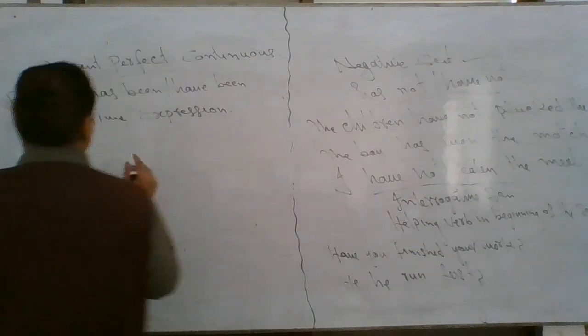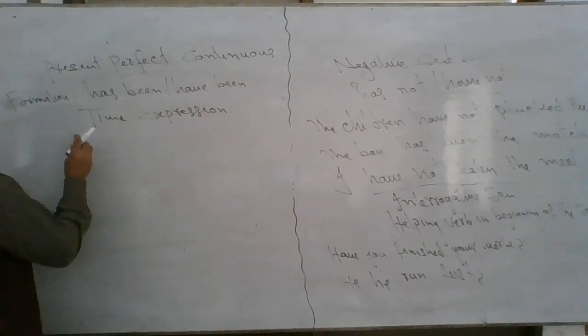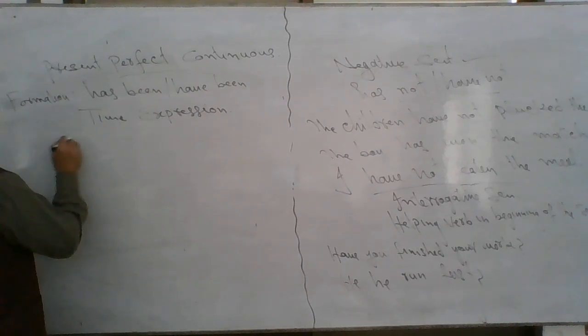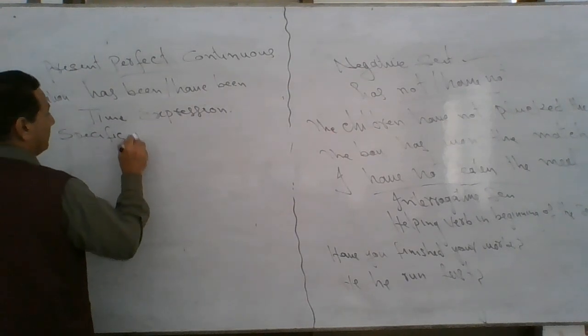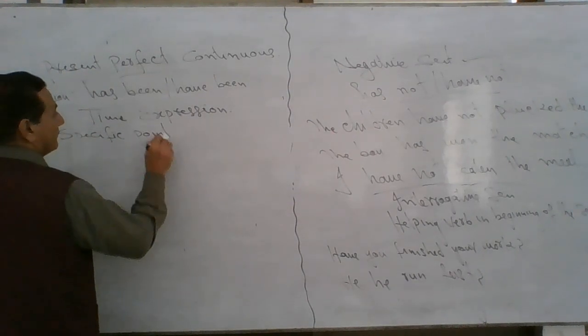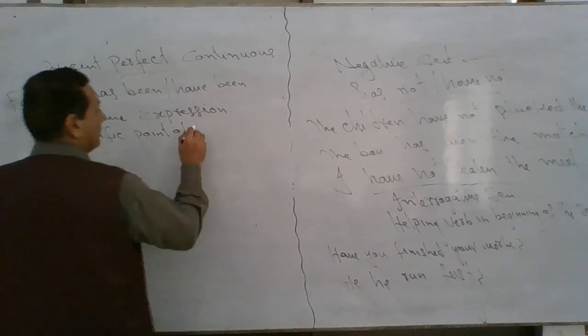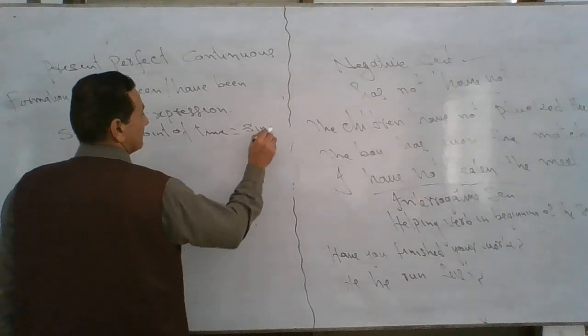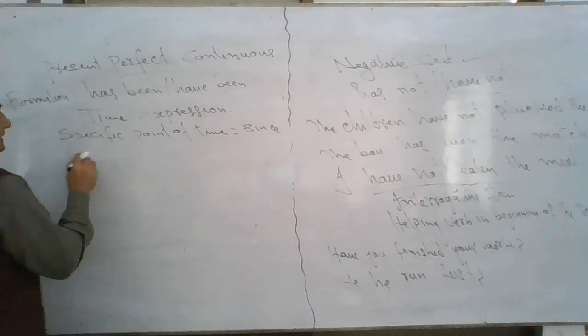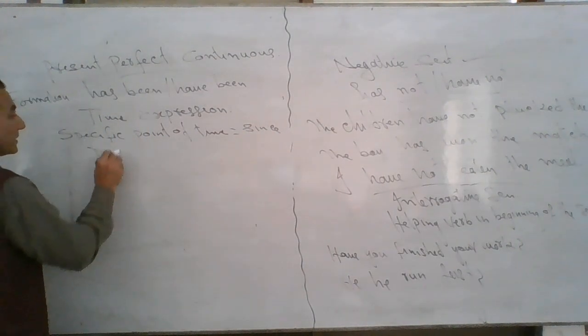Now I am going to explain the point of time. We use since. For is only the duration of time.